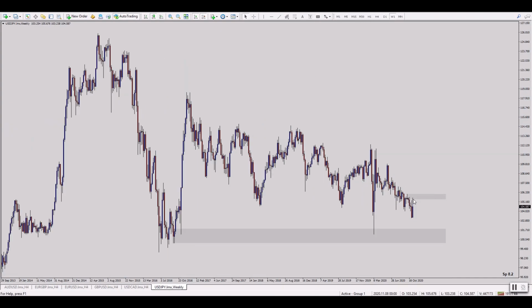So the curve for a weekly move would be from here down to here.